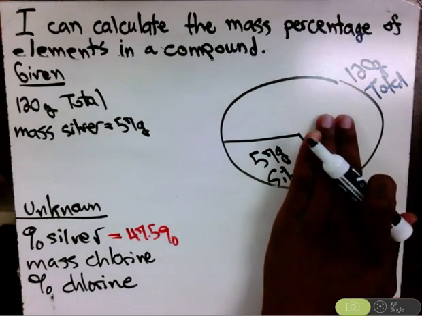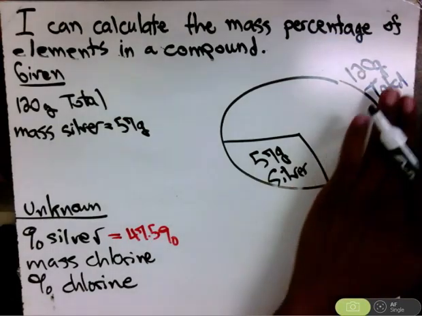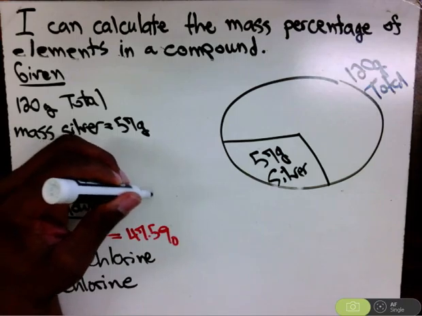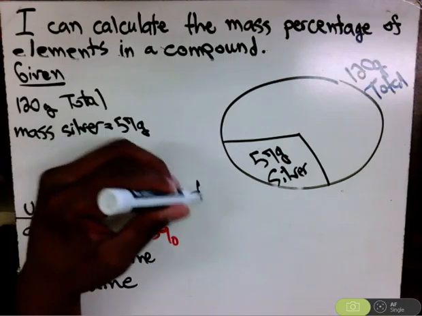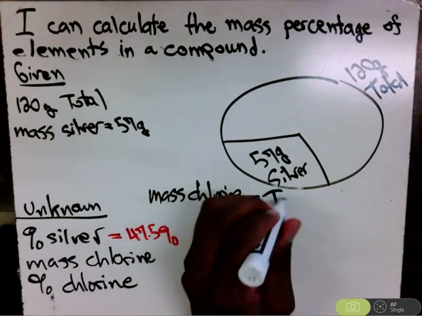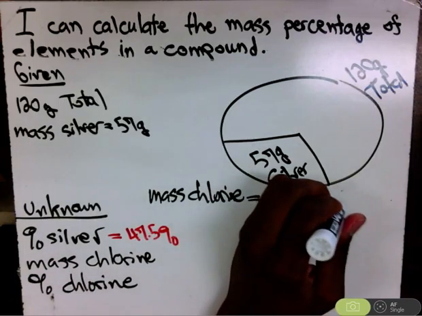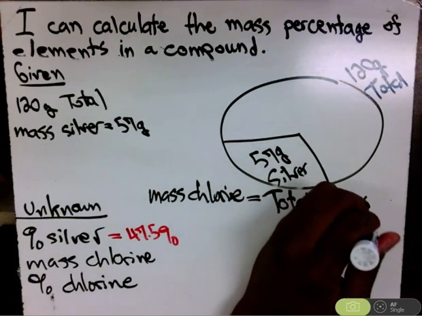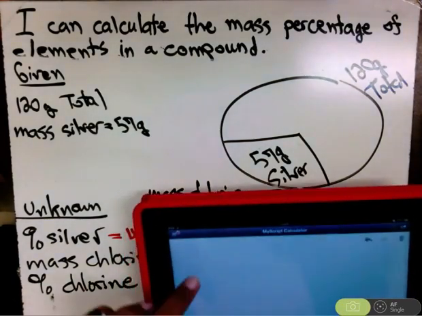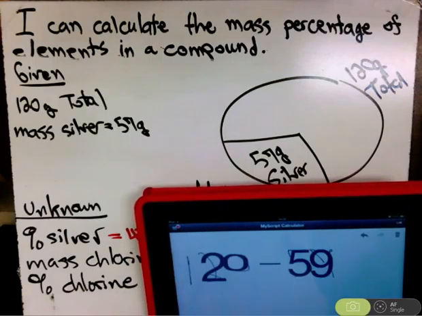So the rest has to be the mass of my chlorine. So the mass of chlorine is equal to my total minus the mass of my silver. So that will be 120 minus 57.